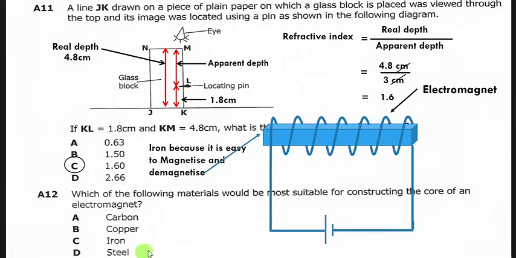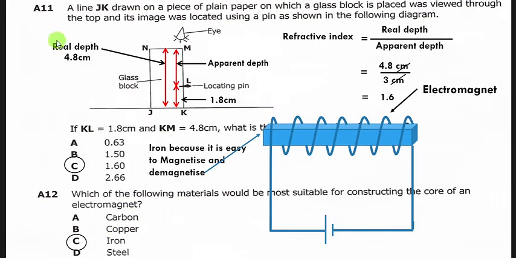But iron is a soft magnetic material, meaning it is easy to magnetize and easy to demagnetize. So it is suitable to make an electromagnet. So the answer is C. Carbon is not a magnetic material, copper is not a magnetic material, so these are not answers.